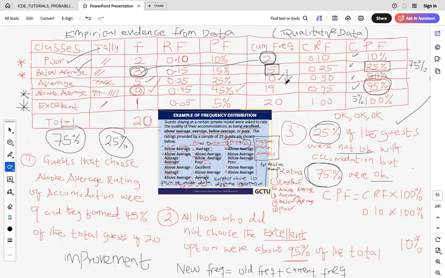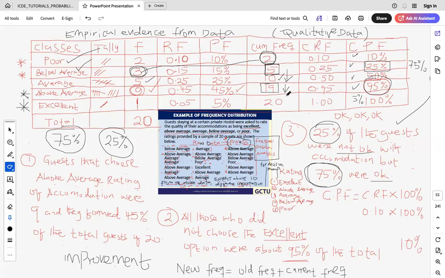Then when I want to come to this line, the 10, which is the new frequency, will change to old frequency. So you have old frequency 10 plus current frequency 9. That will give me the new frequency 19. So 19 becomes my new frequency again.